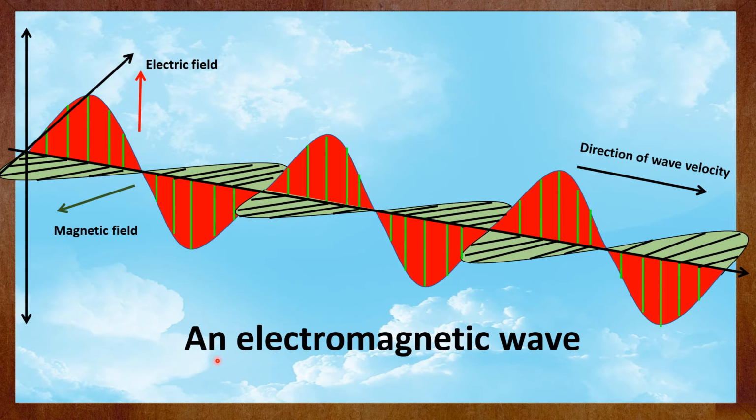Again, you can see here an electromagnetic wave, isn't it? So these red colored ones are the electric field, and these green colored ones are the magnetic field. So this is the change in electric field, and perpendicular to the change in electric field, the magnetic field changes.